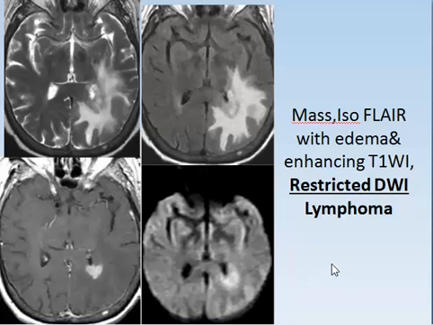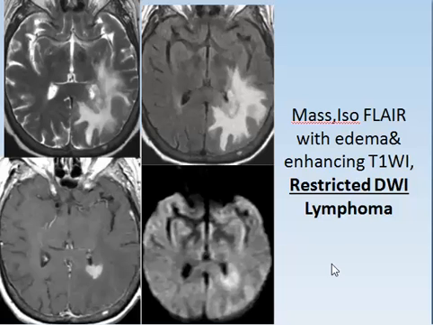So the appearances of the mass could be isointense in T2 and FLAIR, but edema of course will show, and in T1 weighted images it presents enhancement with restricted diffusion in diffusion weighted images.